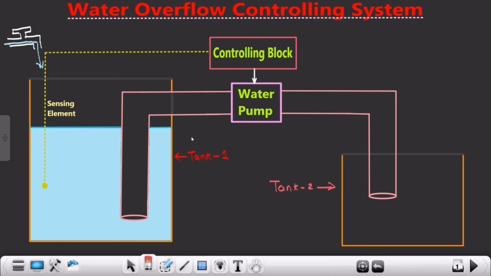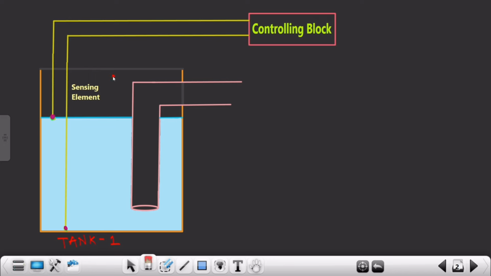We won't be able to manage all these things, right? So make sure this is your last point. You should not exceed above this point. Anyway, the whole idea is that we have two wires. The first wire is placed at the bottom of tank 1, and the second wire is, let's assume, placed over here. Great.